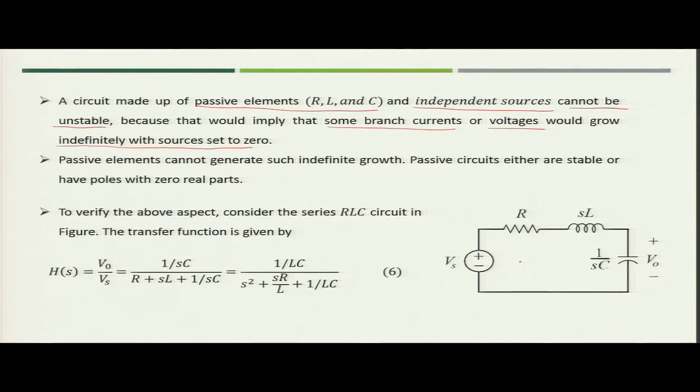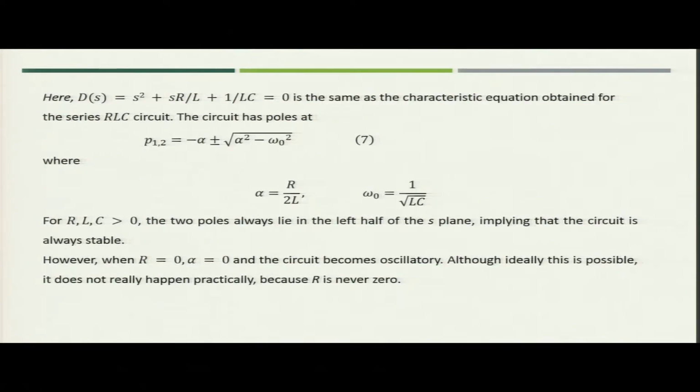Let us see the example we also discussed in the previous lecture. For a series RLC circuit, we can say that V naught by V s can be represented as 1 upon LC divided by s square plus R by L s plus 1 by LC.